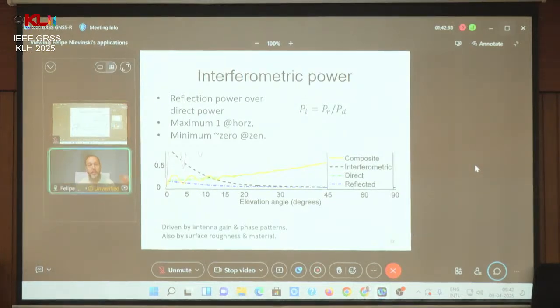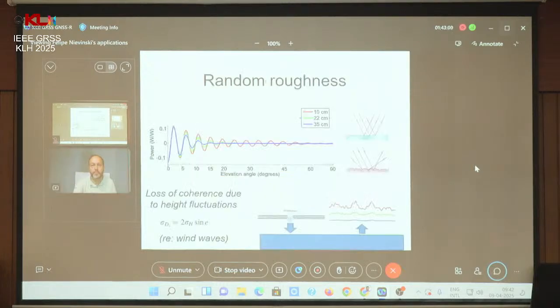That's why you have amplitude variations observed in the signal to noise ratio. As I mentioned before, you have to keep in mind the carrier wavelength.